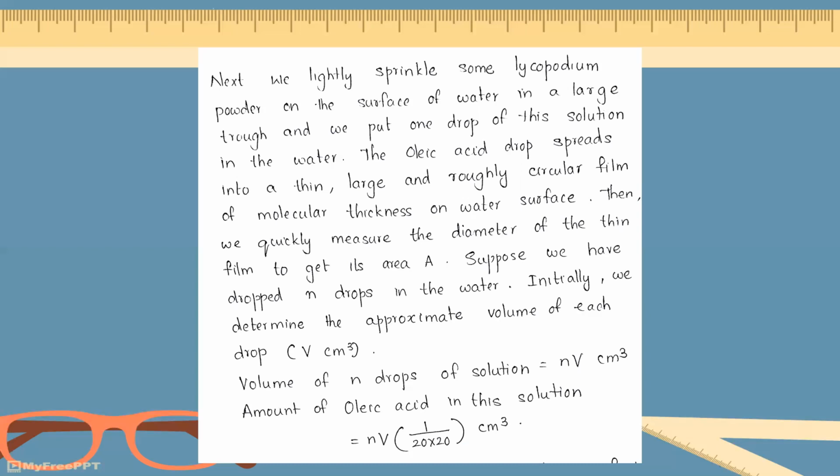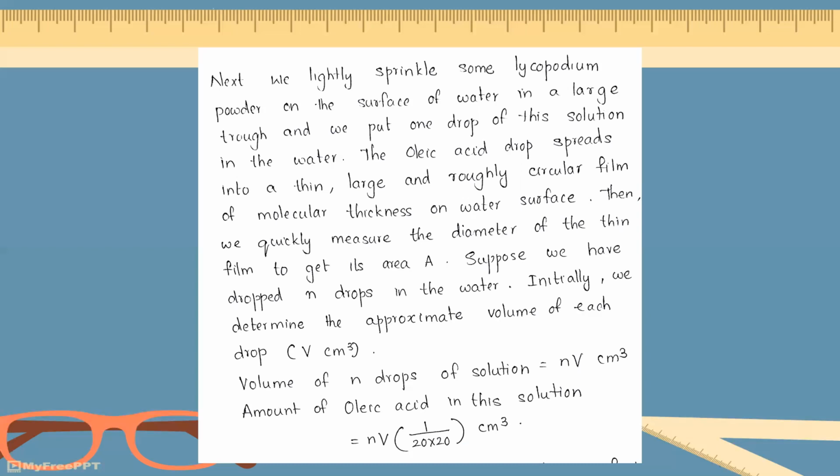Now, if we have dropped n drops in the water, let us assume initially we determine approximately the volume of each drop. How many drops we have put, we will take into count, and we will measure the volume of one drop.